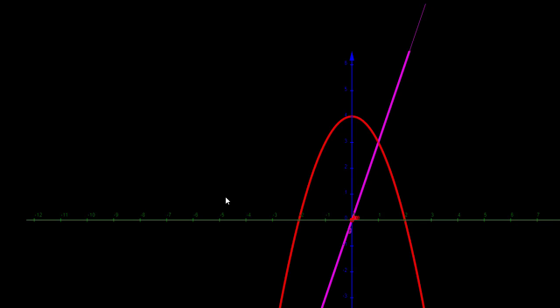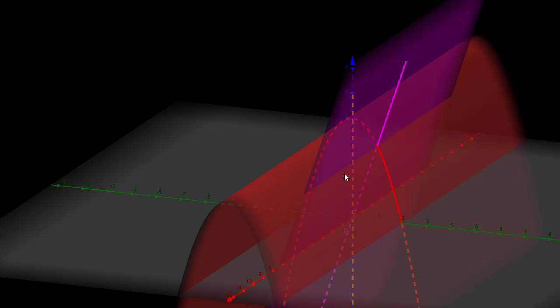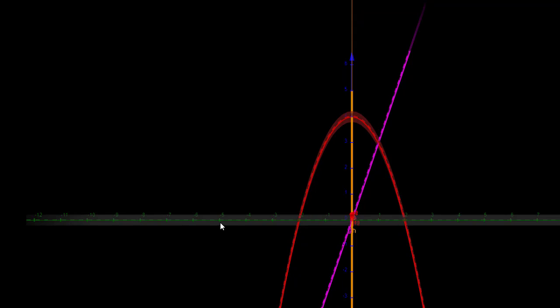Back to our graph. If we're looking at the YZ axis, here's the line y equals 0, coming up through there. And then if we turn that into a plane, we get that. So what we're essentially talking about is this little shape here.